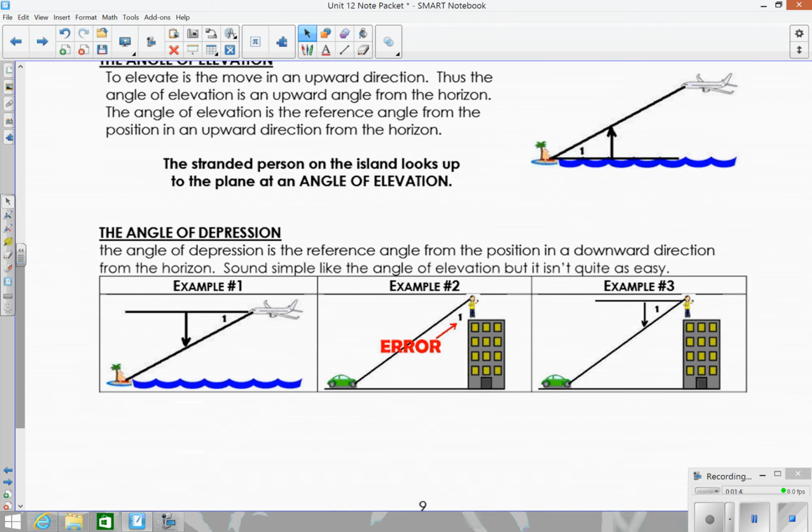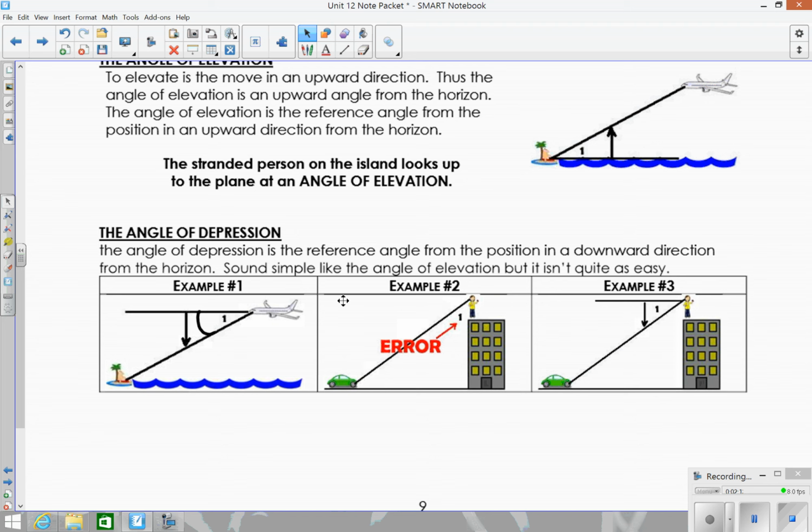The angle of depression is a little bit more easily confused, I would say. This first example does represent the angle of depression because you're measuring from the horizontal line down to this island, so that angle there. If you look at example 2, this is incorrect. This angle 1 is not the angle of depression because it's not measured from a horizontal line.